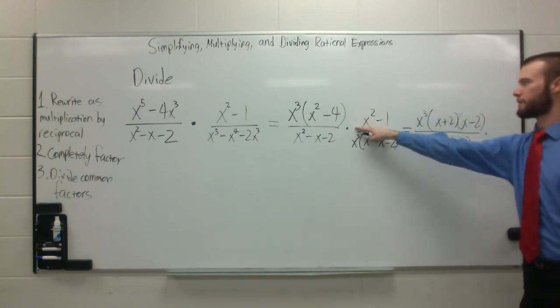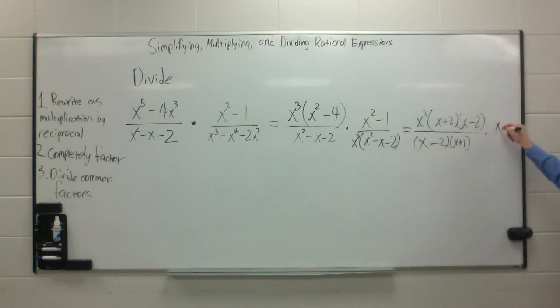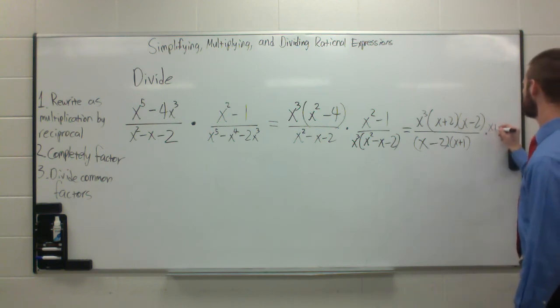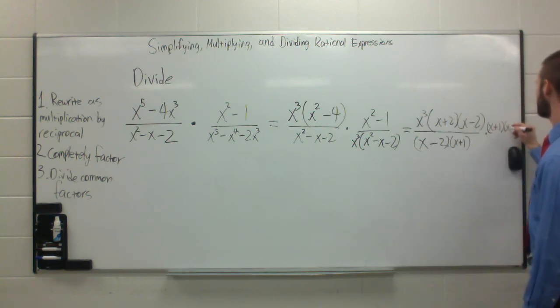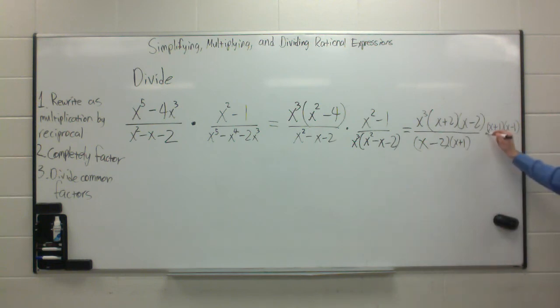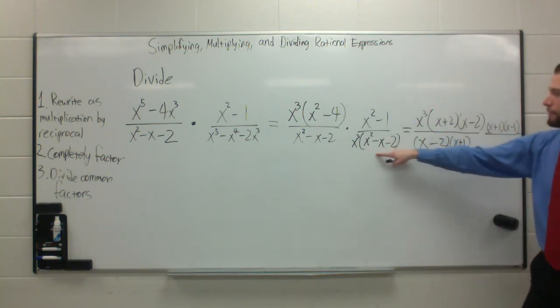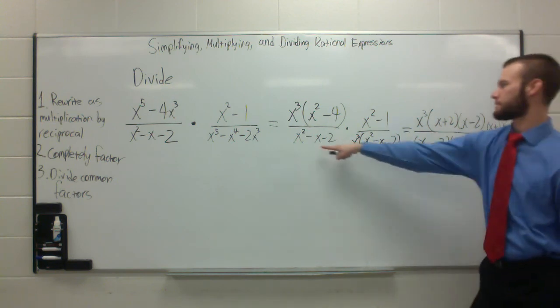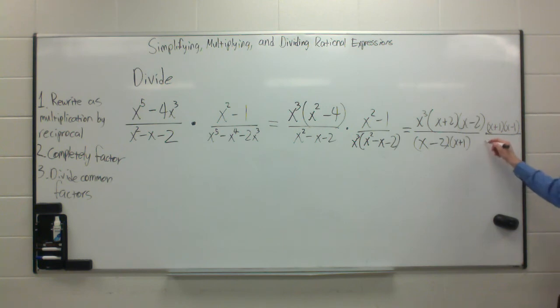This numerator I can factor to x plus 1 times x minus 1. Uh-oh. And then this part of the denominator over here can factor, again, it was the same as this one, right? x minus 2 times x plus 1.